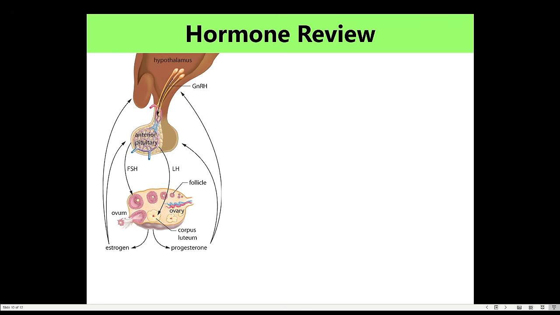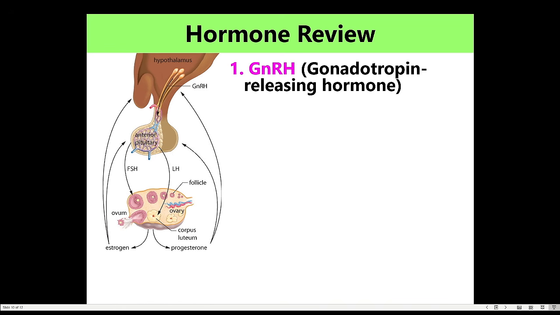Now, let's have a short review of the hormones. Here we will be including one more hormone. We have the GnRH or the gonadotropin releasing hormone. Now, what is the function of GnRH? The GnRH is a hormone that comes from the hypothalamus.